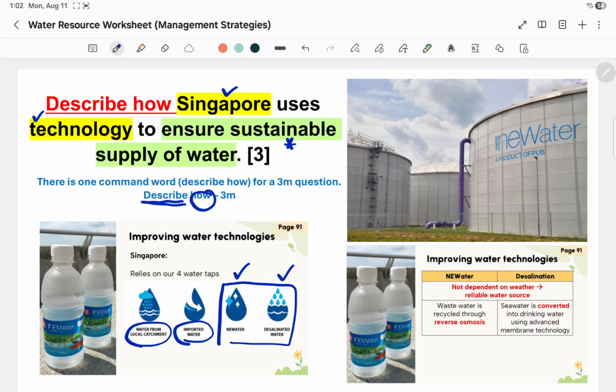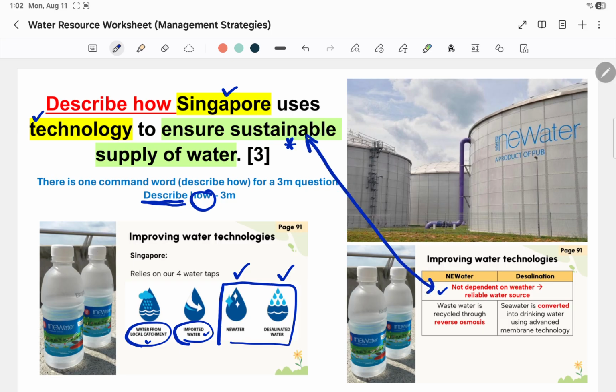So you must show how this water source is sustainable, because firstly, it's not reliant on the weather. It is more weatherproof. We don't have to ensure that we have enough rainfall for us to have water from the water catchment, or we don't have to rely on people around us to sell us water. So this is a reliable source of water supply, which makes it very sustainable. Sustainable means that I can use this for the long term.